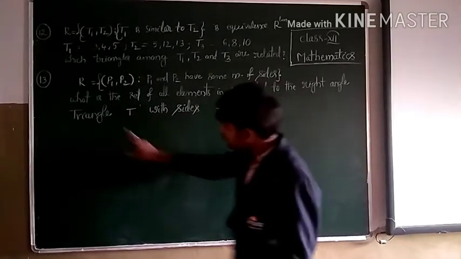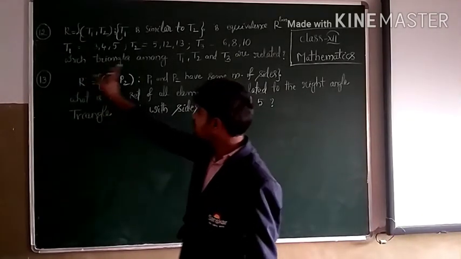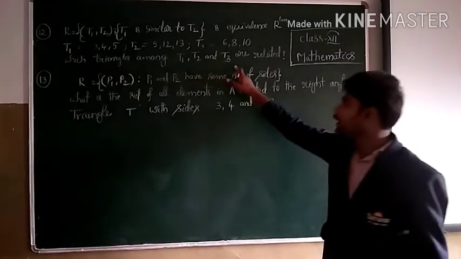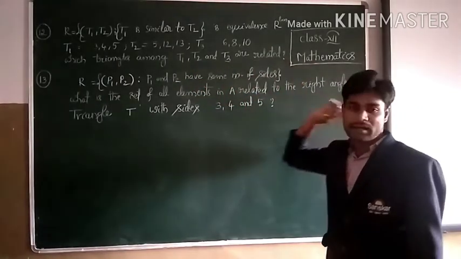Next question is which triangles among T1, T2 and T3 are related.